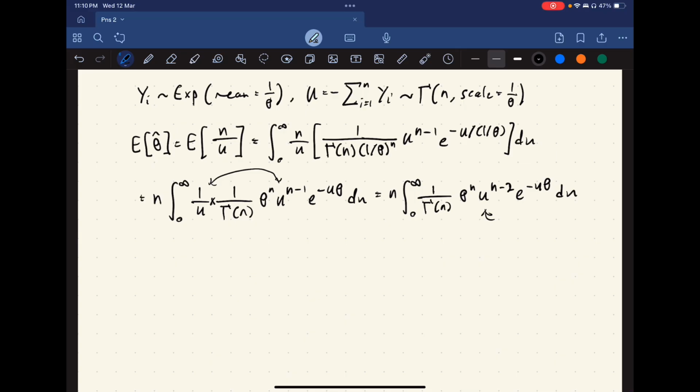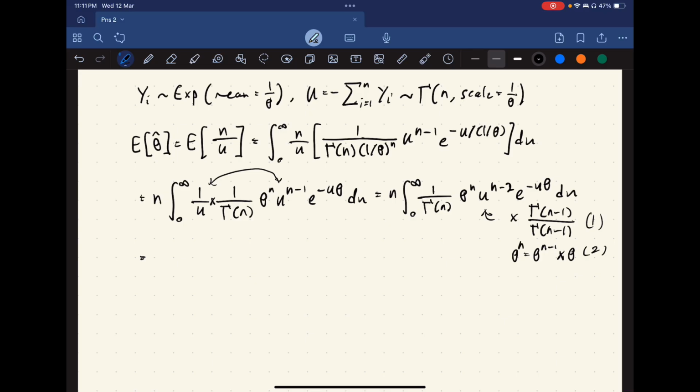So what we'll do here is multiply this integral by gamma n minus 1 over gamma n minus 1, essentially multiplying by 1. And we multiply by theta, sorry, so we apply these two steps.